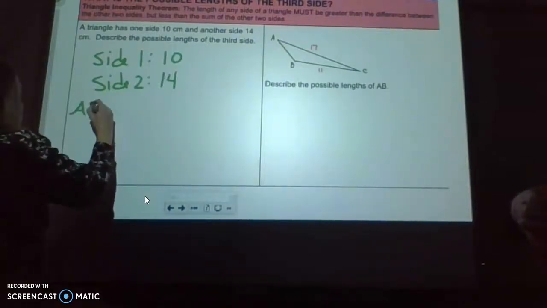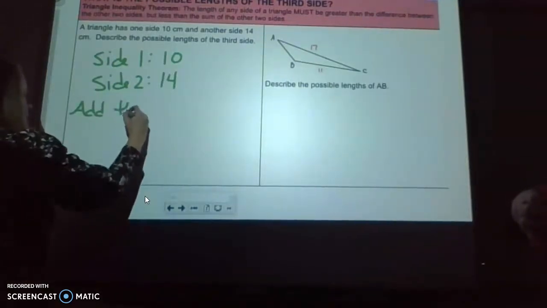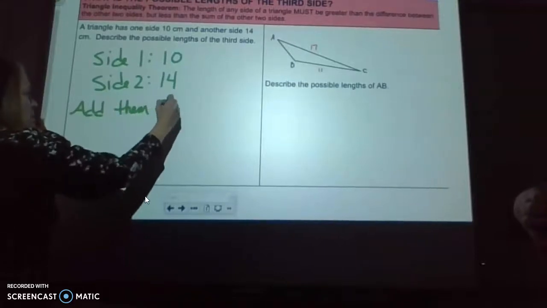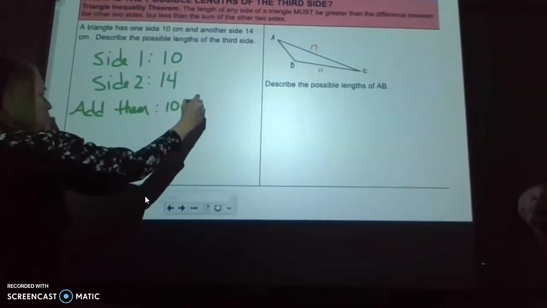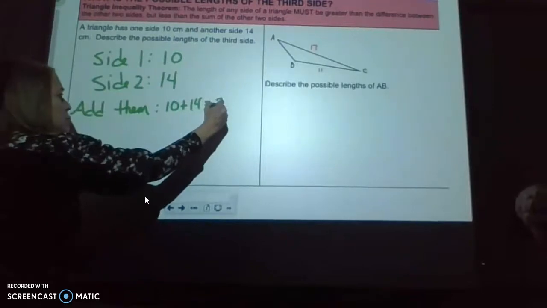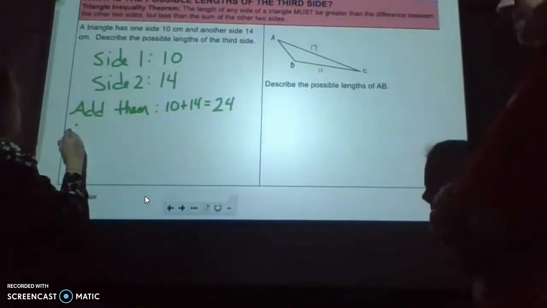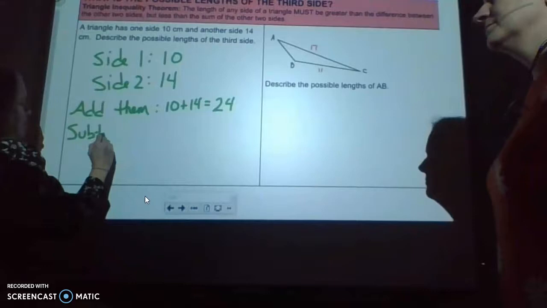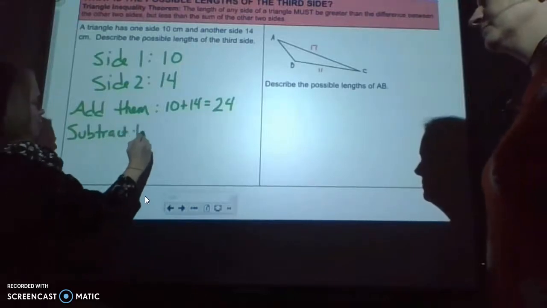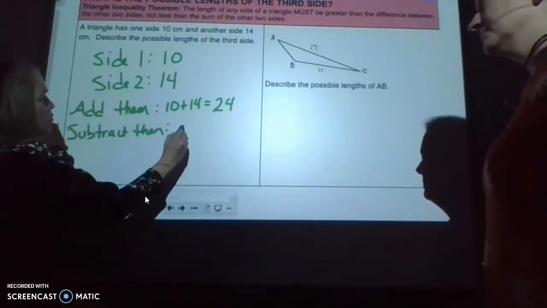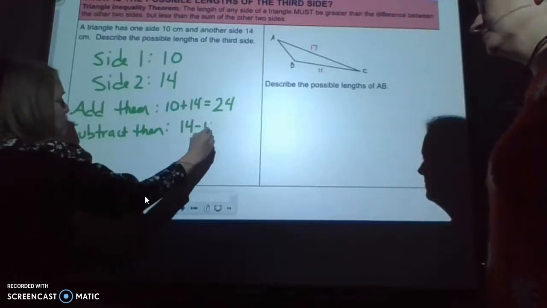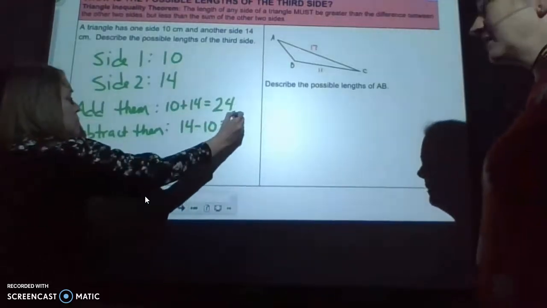So add them. 10 plus 14 is 24. And then we're going to subtract them. I'll do the biggest minus the smallest, so I don't get a negative. You can't have a negative length.